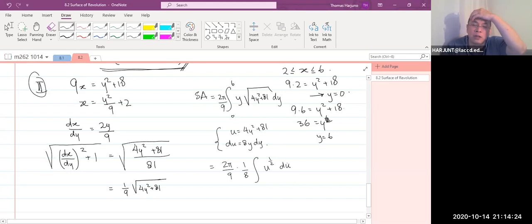The limits of integration will be: when y equals 0, u is 81. When y equals 6, this is 4 times 6 squared plus 81. I'm so lazy.